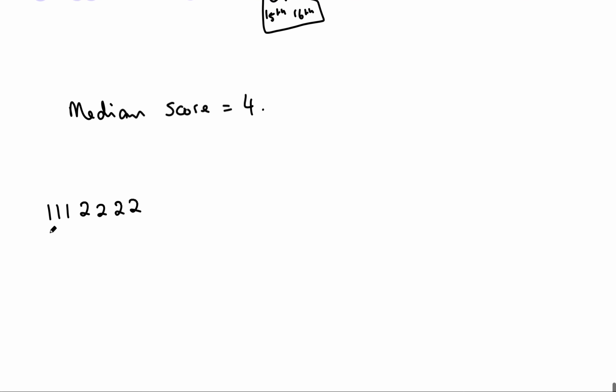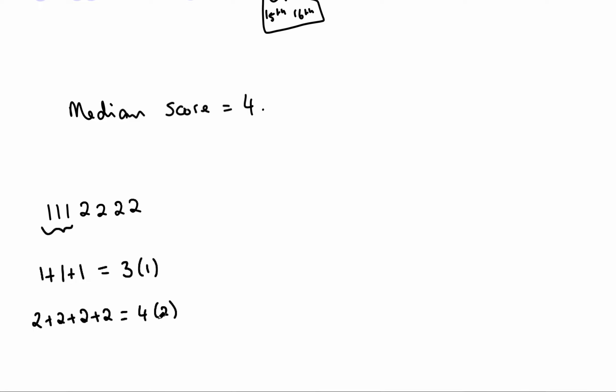I know that the number 1 came up 3 times, and instead of saying 1 plus 1 plus 1, another way in maths that we can do that is say it's 1 multiplied by 3. Instead of saying 2 plus 2 plus 2 plus 2, I have 2 coming up 4 times.